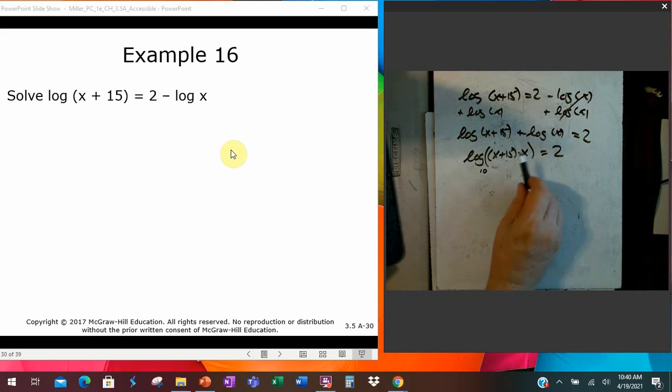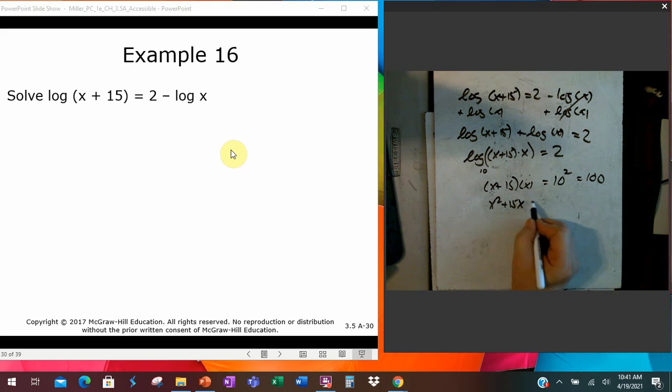Again, I want to represent this as a power of 10. What's the power? 2, which says x plus 15 times x was 10 squared, and that's equal to 100. Okay. x squared plus 15x is equal to 100.